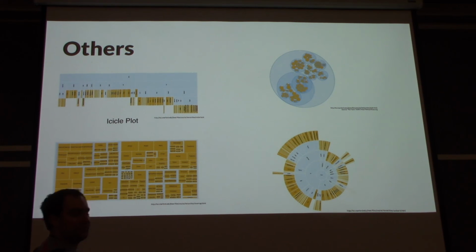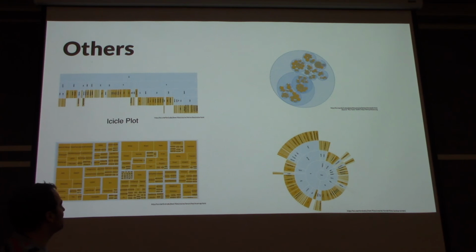Here's a comparison of the same hierarchy with four different implicit techniques. The icicle plot, then here we have the tree map, here the sunburst, and then circle packing. You can see clearly the difference: this one focuses very much on the leaves. You can see the individual attributes of the leaves very clearly, whereas those two focus more on the hierarchy. It's harder to see that these files here are four levels deep.